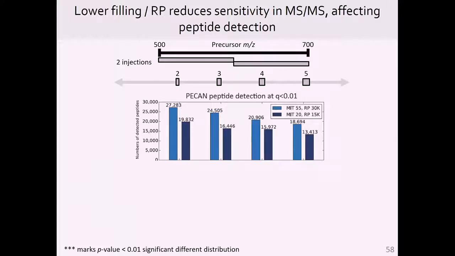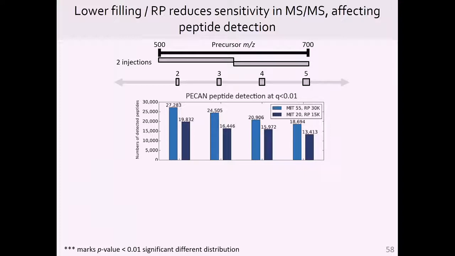And so, of course, we have two things that are kind of hurting the faster scanning. One is that we have a lower maximum inject time, so less sensitivity, and also a lower resolving power. But in this case, we find that it's much better to run the instrument at a much more conservative 10 hertz and collect the data at a maximum inject time of 55 versus this resolving power of 30,000.